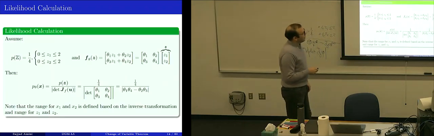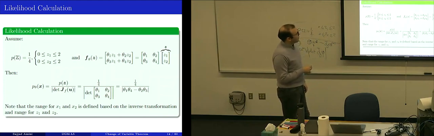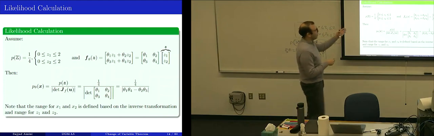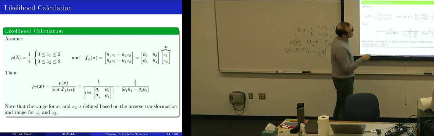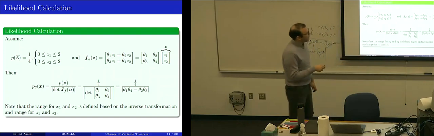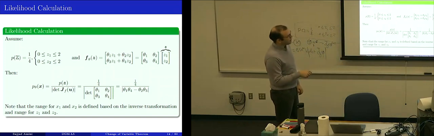Let's assume that PZ again is 1 over 4, which is uniform for a box, and f theta is this function. So the correction factor, the Jacobian here, is very simple.